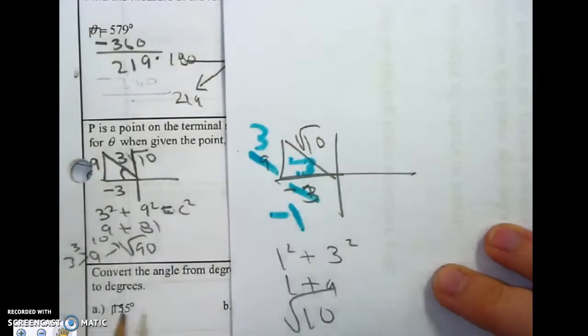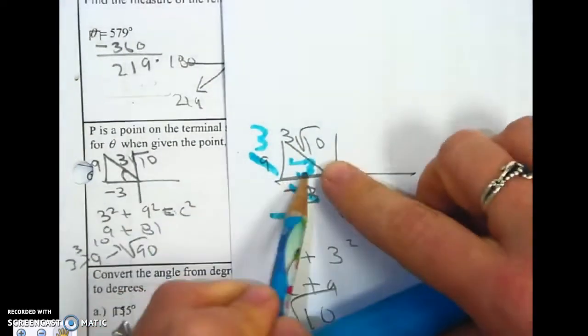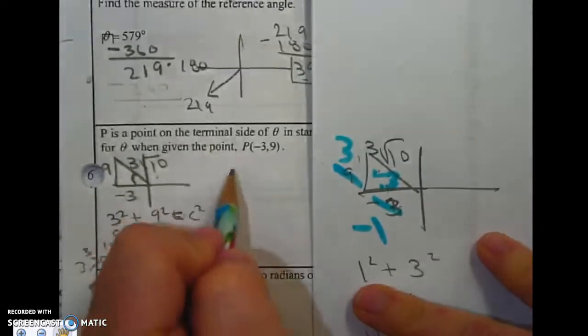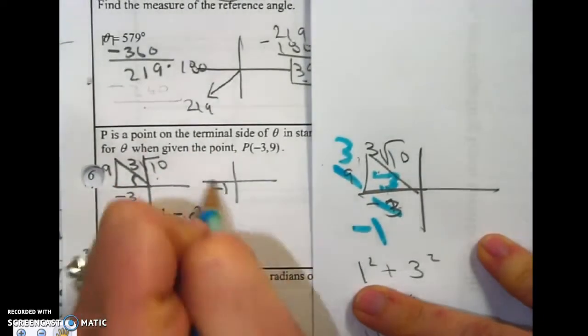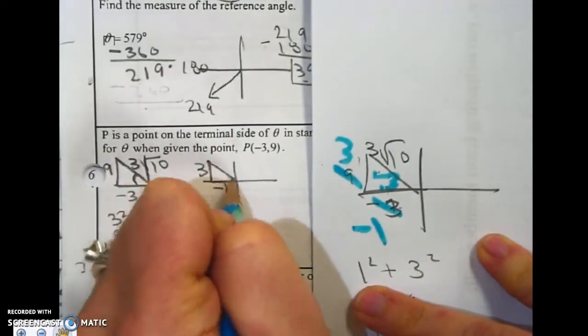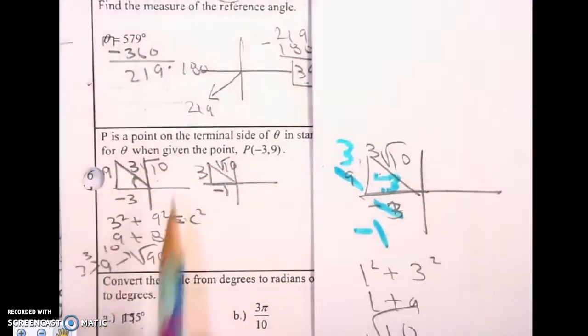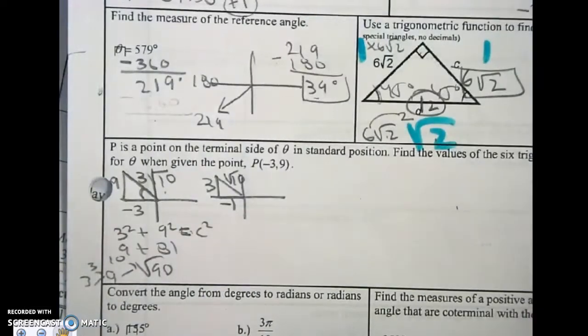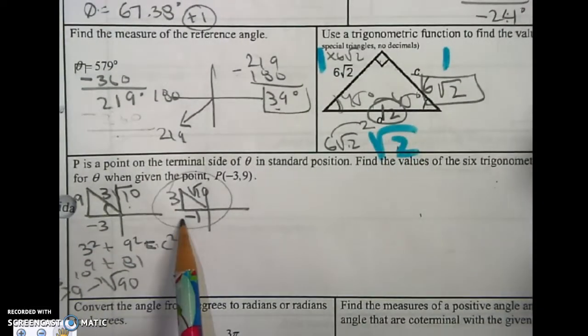That would have been rad 10, but it's really 3 rad 10 because I multiplied by 3. But by doing what I just did, by showing that this is negative 1, 3, and rad 10, when I'm doing my ratios, I don't have to simplify because I already simplified here.